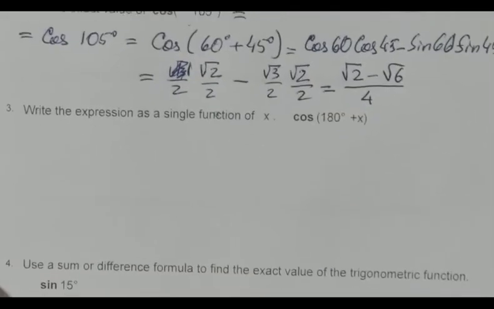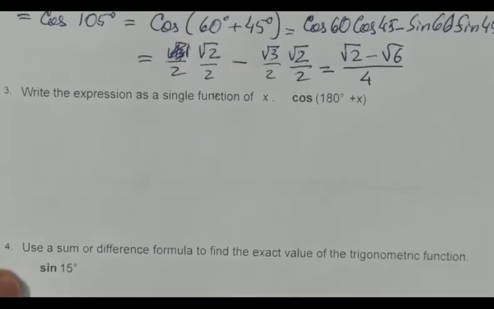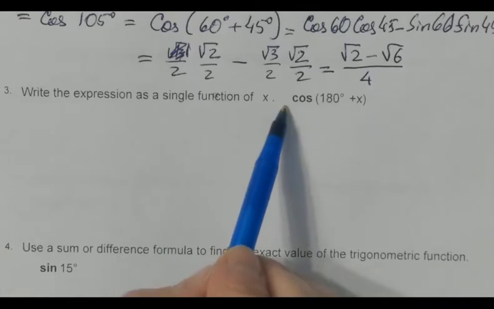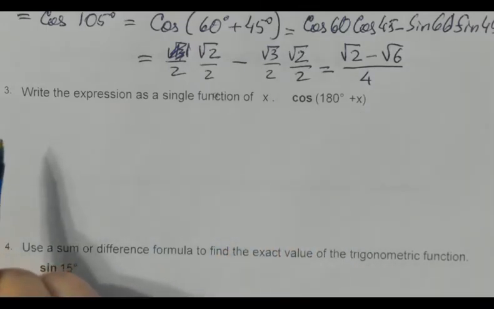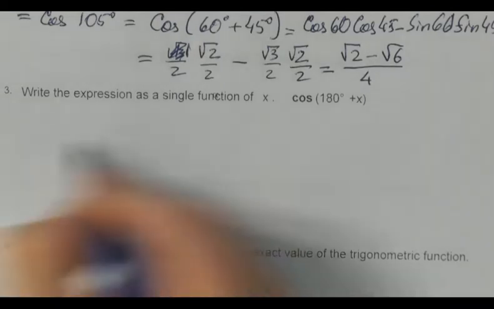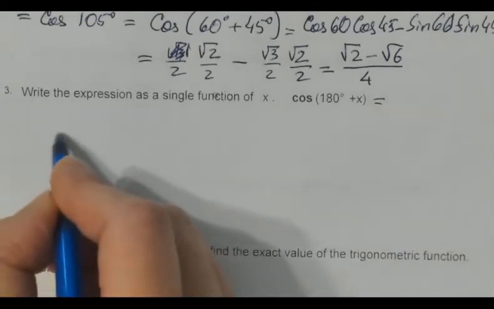Okay, let us write the expression as a single function of x: cosine of 180 degrees plus x. So it is also a problem for the cosine of a sum identity.